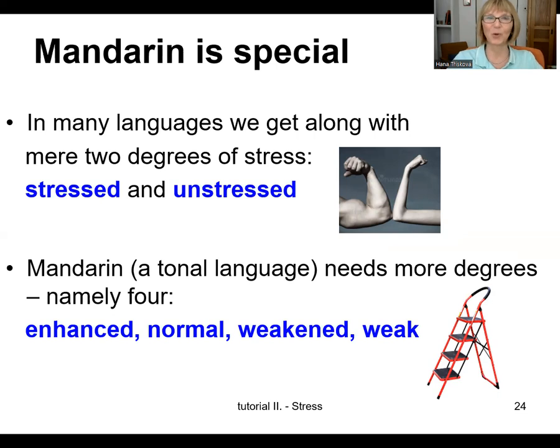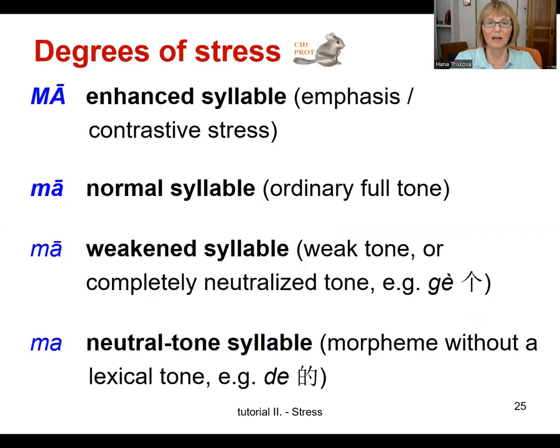But Mandarin is a tone language, and it somehow needs more degrees, namely 4. At least this is what I establish in CHIPROT. But many linguists do recognize 4 degrees. So in CHIPROT, it's enhanced syllable, normal syllable, weakened syllable, and totally weak syllable.